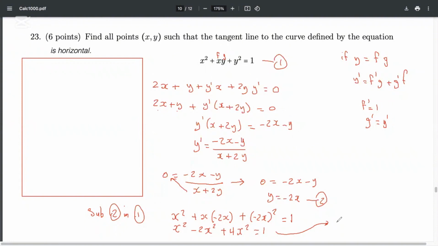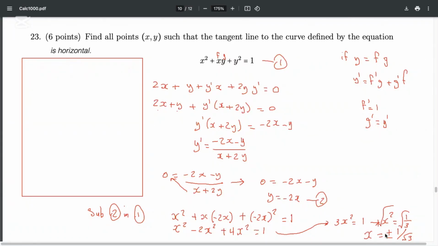So I'm going to have 3x squared equals 1. And therefore, x squared equals 1 over 3. And x will equal square root of both sides, and it's going to be plus or minus square root of 1 is 1, and the square root of 3 is just going to be square root of 3.